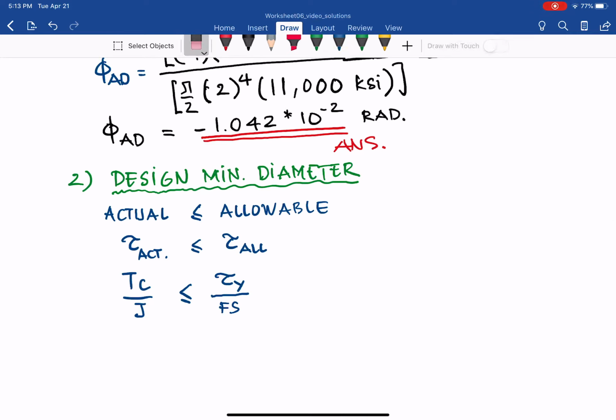And from that we can plug into the equation here.